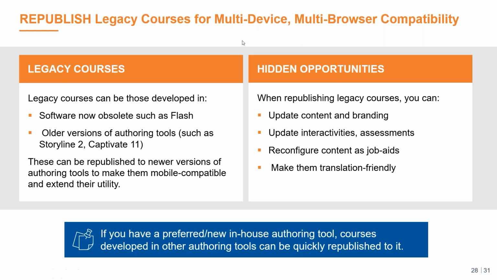And by using this republish option, you can also give them a fresh look and feel. So you update not just your content, but also your branding. And with newer versions of authoring tools, there are more interesting interactivities and more interesting assessments that are possible.